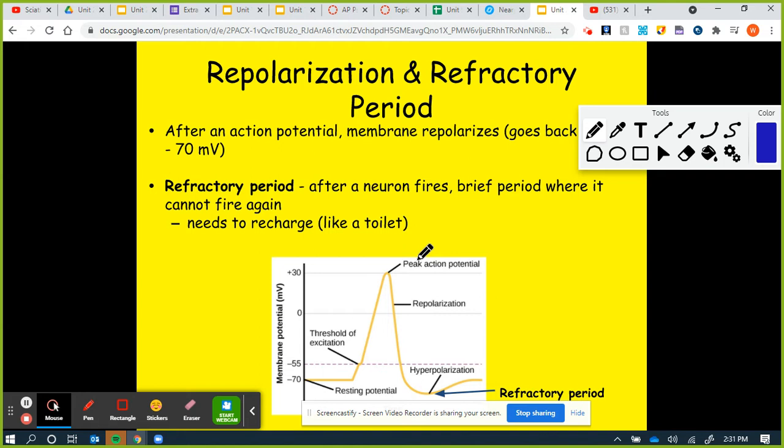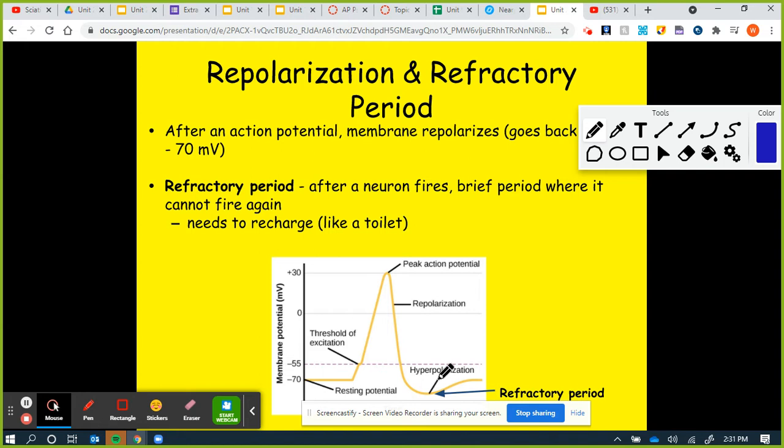As it repolarizes, it falls down really, really quickly. This is what is called hyperpolarization, where it gets below negative 70 for a split millisecond. During that period of hyperpolarization, the neuron cannot fire. It has to recharge. This is called the refractory period.